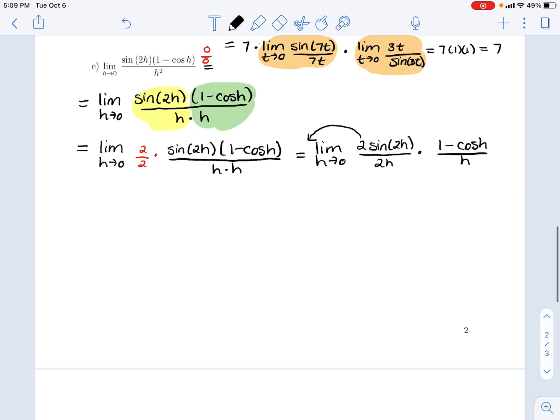So this is equal to two times the limit as h approaches 0 of sine of 2h over 2h, times 1 minus cosine h all over h.